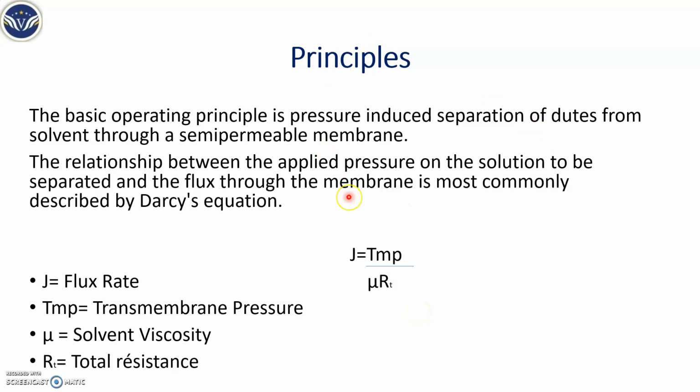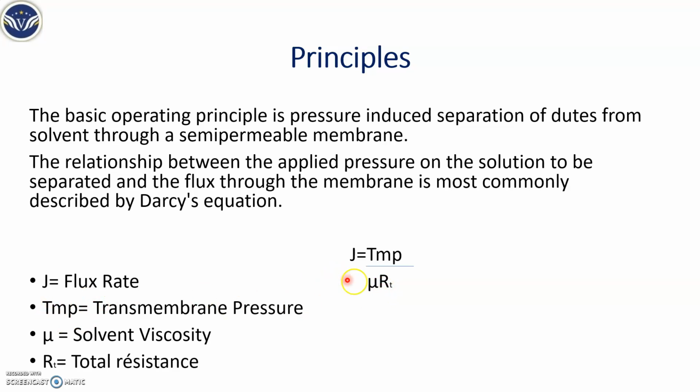So what is the principle? The principle is nothing but the pressure exerted for separation of solvent. Pressure you require to separate those solvents, meaning how much pressure you require to apply on those membranes itself. So that is given by Darcy's equation, that is J equals TMP divided by mu RT.